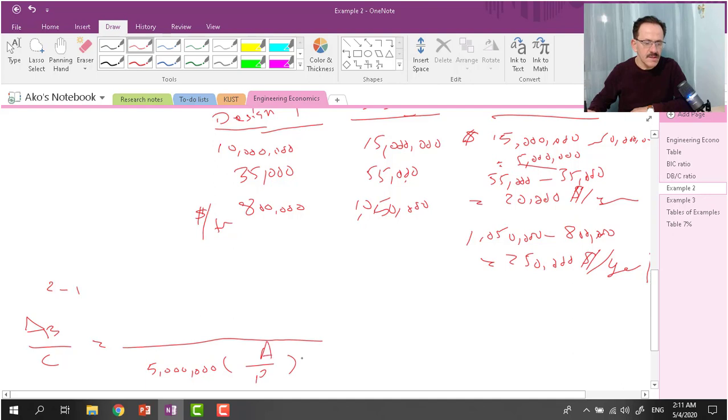This is P, make it A for n equal to 30, i equal to 5%. In the numerator we have benefit B, so 1,050,000 minus 800,000 means $250,000, minus the operation cost, which is $20,000.